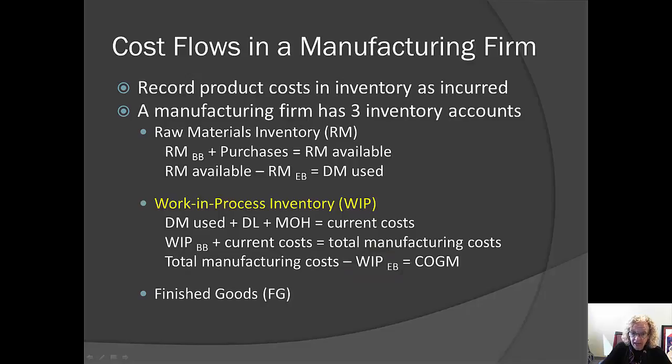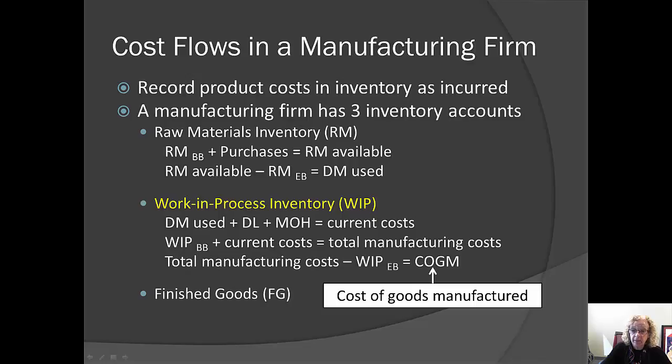And the answer to that math problem is called cost of goods manufactured, which represents the dollar value of all of the units that did get finished this period. Now, what happens to those units? They don't stay in work in process.